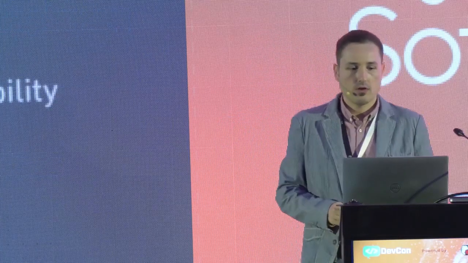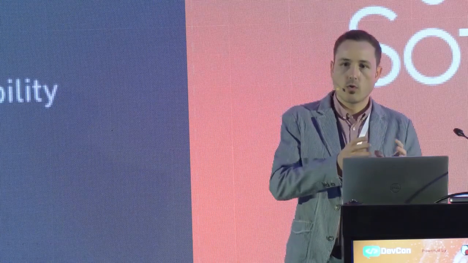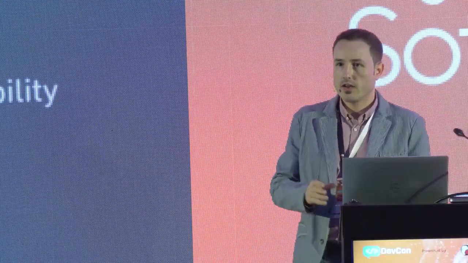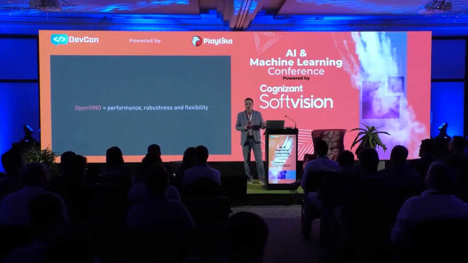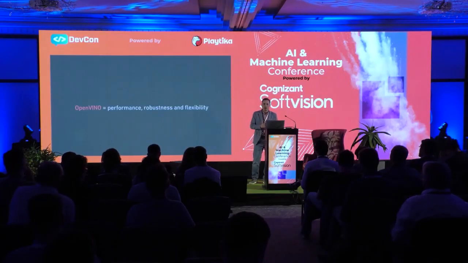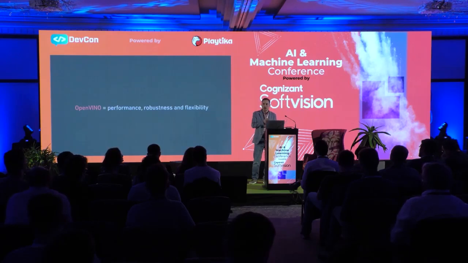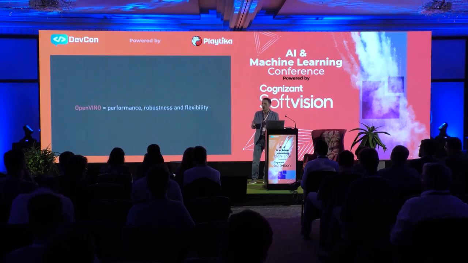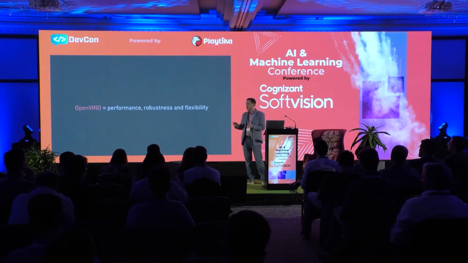Now, from my perspective, it's all about performance, first and foremost, then robustness, so having some core that you can rely on and it always works as you expect, and of course flexibility. So maybe today I want to run my models in a cloud API somewhere, but maybe those same models could be applied somewhere on-premise without any connection to the cloud.